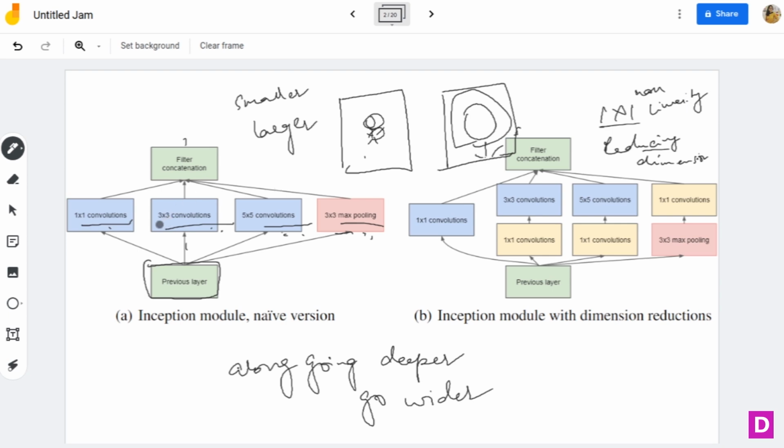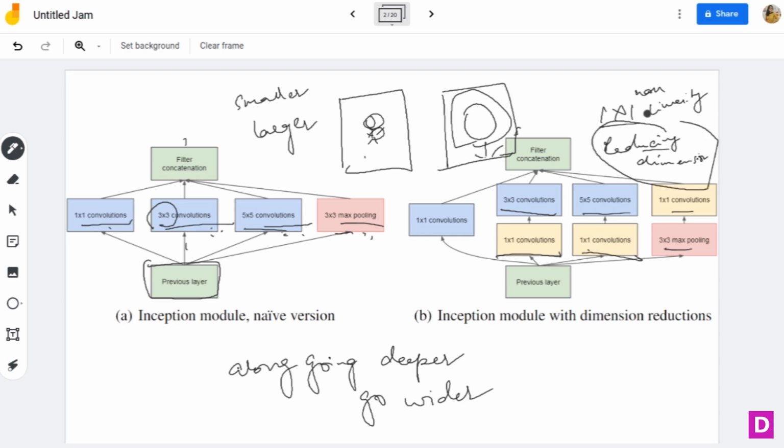So instead of using a 3 cross 3 directly, they have used a 1 cross 1 followed by a 3 cross 3. Here also, instead of 5 cross 5 directly, it has a 1 cross 1 followed by a 5 cross 5, and likewise here. The whole thing behind this is to reduce dimensions.